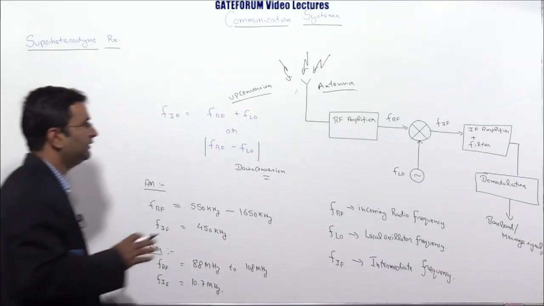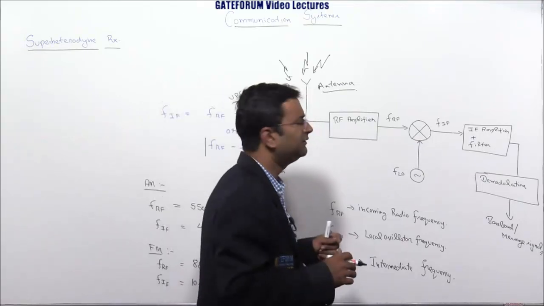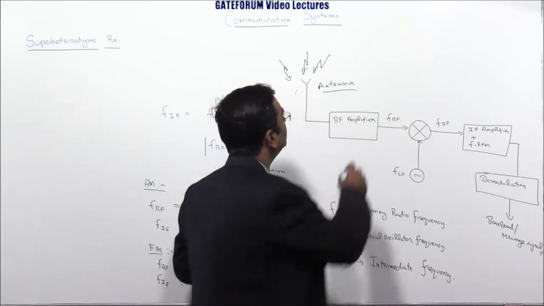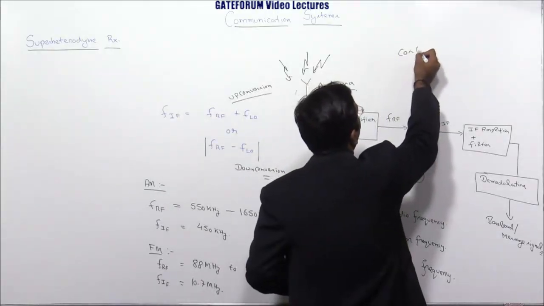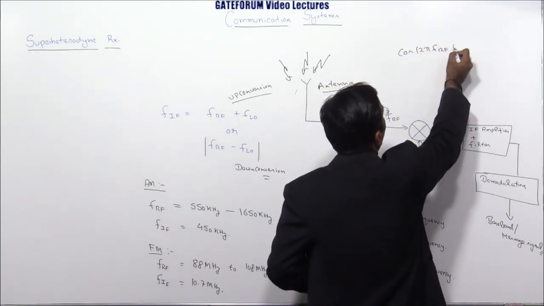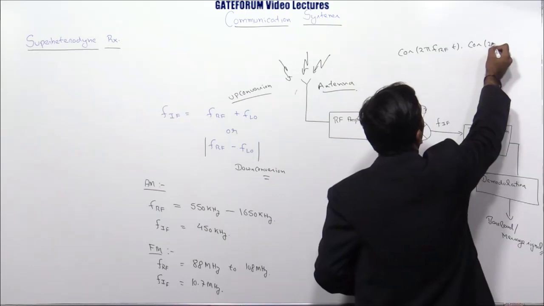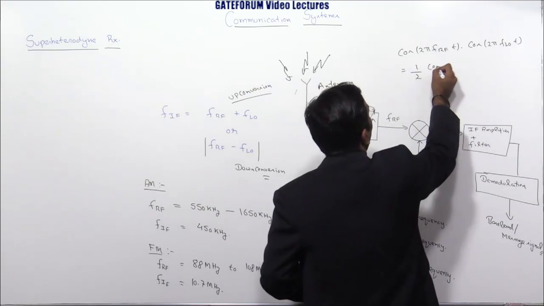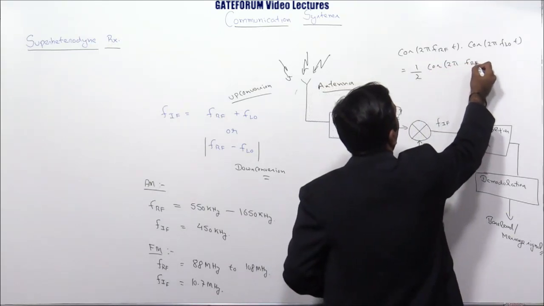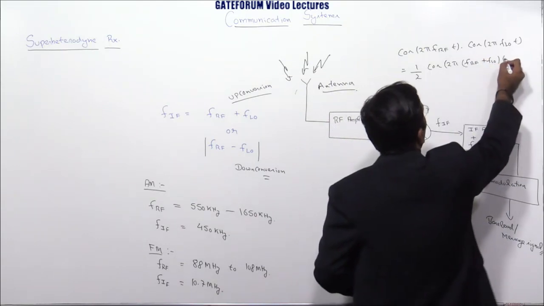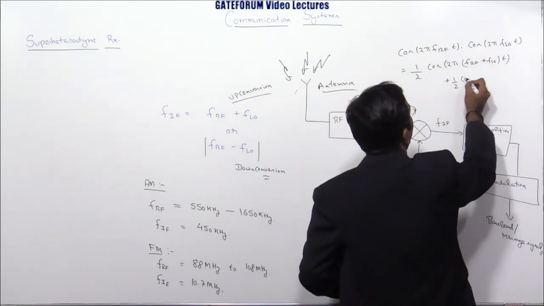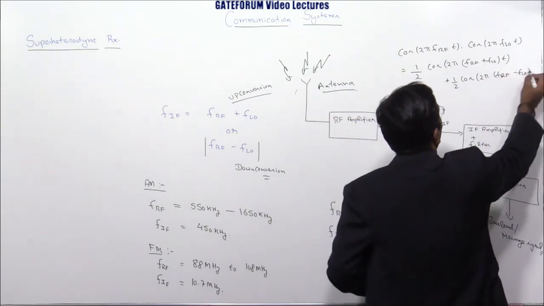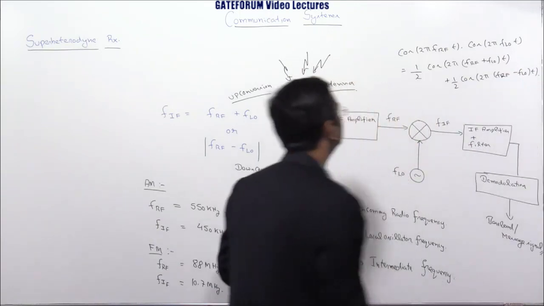Now, how this actually works is, it is a simple mixer, which means other frequencies also get generated because of the nonlinearity present in the mixer, but it is a product. If I multiply cos 2 pi FRF t into cos 2 pi FLO t, then as you know I am going to get 1 by 2 cos 2 pi (FRF plus FLO) t plus 1 by 2 times cos 2 pi (FRF minus FLO) t.